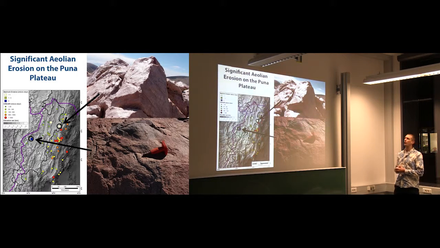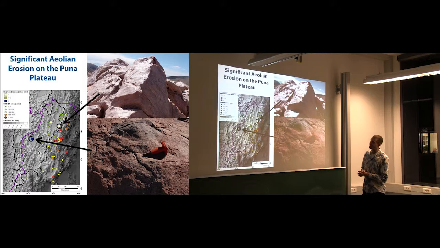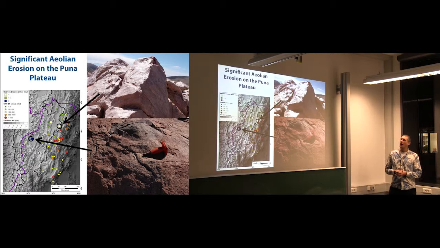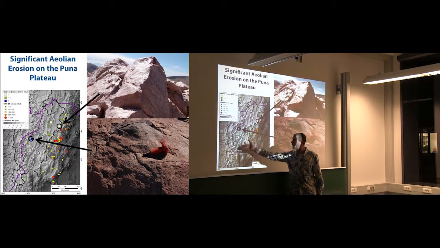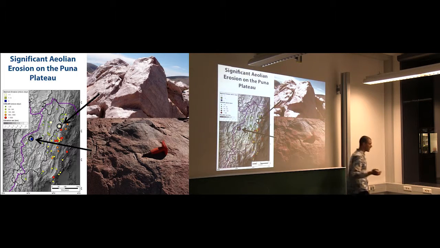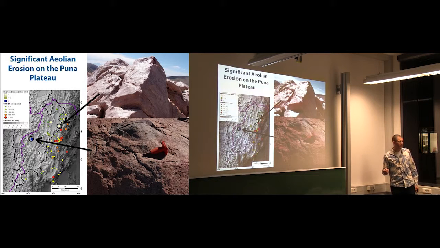That has been described for other desert regions or high elevation regions as well. So that's something to keep in mind: at a certain point when your fluvial erosion, or your river-driven erosion rates, are fairly low, your wind erosion may end up picking up. In other words, big dust storms that occur in this region are an important part of the erosional agent. So this is very important to keep in mind. The geomorphic work is not only done through water.